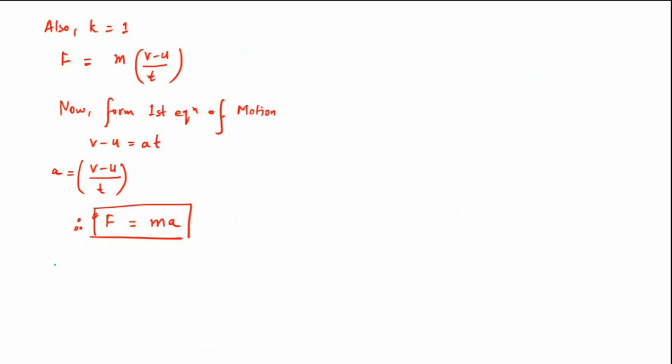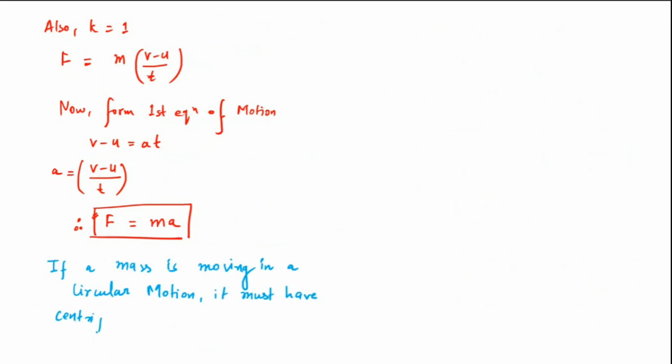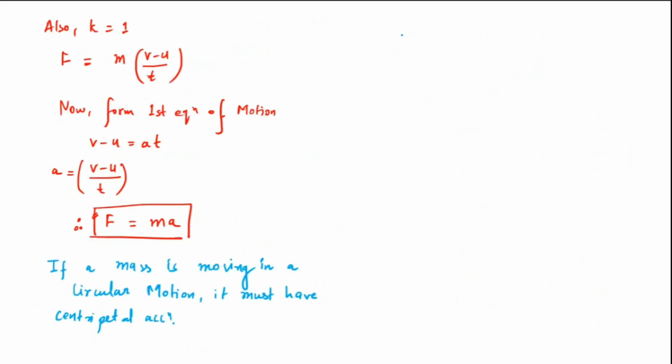So I can say here that if a mass is moving in a circular motion, it must have centripetal acceleration. And if it has centripetal acceleration, it must experience a force, and that force here is called centripetal force.